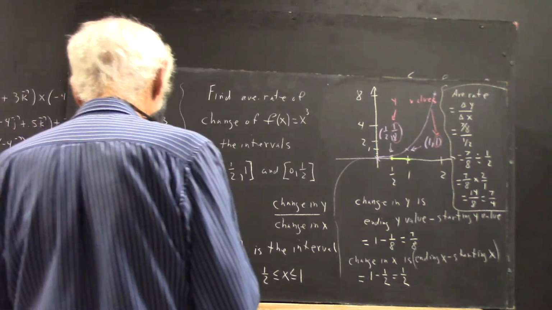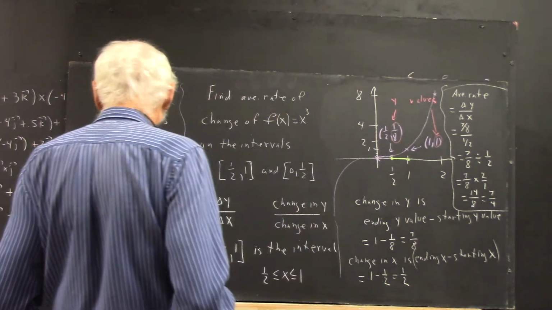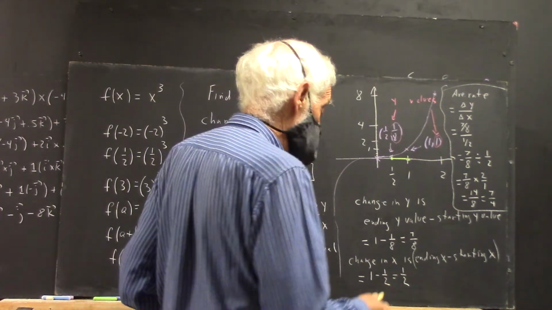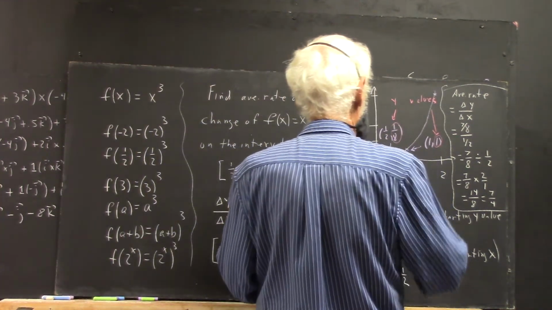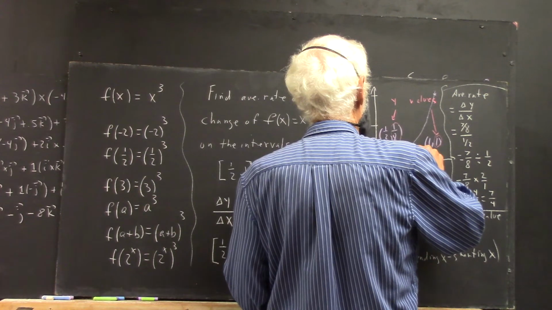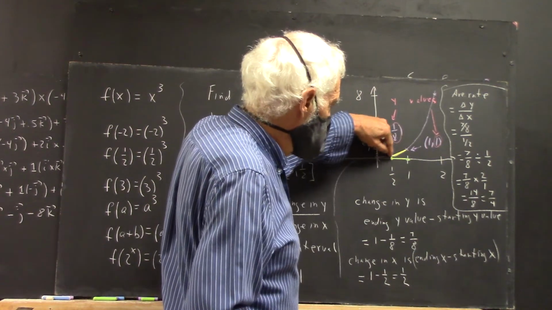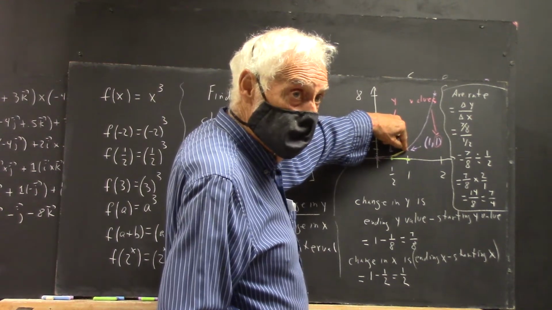Also, an important aspect of this that your open math, your text, and everything else tells you is that it's the slope of this line between this point of the graph and this point of the graph.